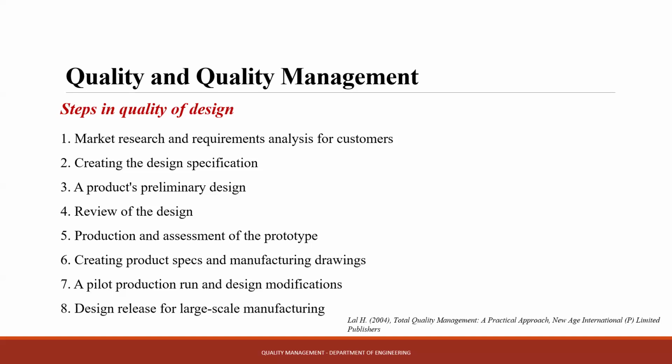And then moving on to the second stage, that is where we create the design specification. So I told you that design specification means the detailed instructions about the features, the functionalities and the performance you are going to add. So once the market research is done, you have to create a design specification document including the features and the functionalities that you are going to add, right?